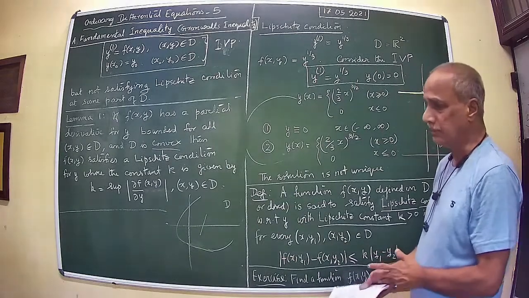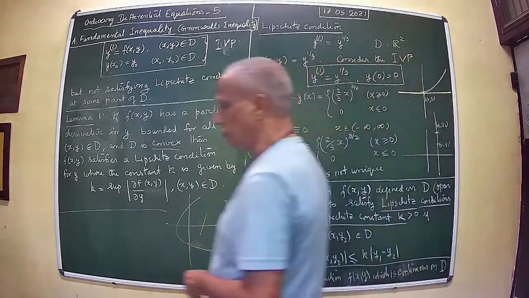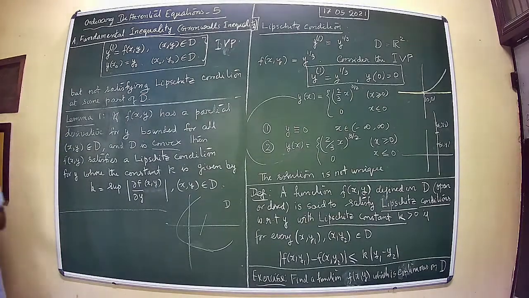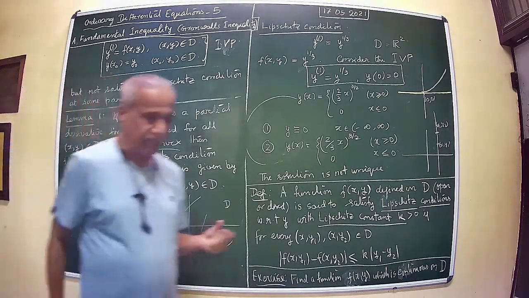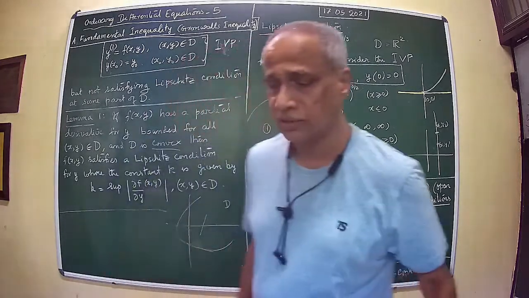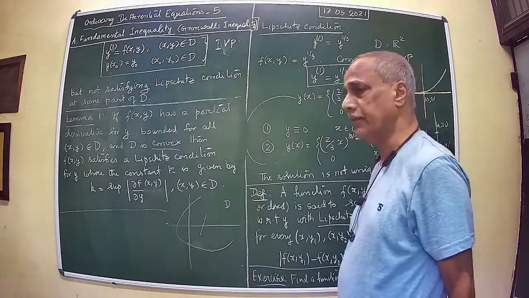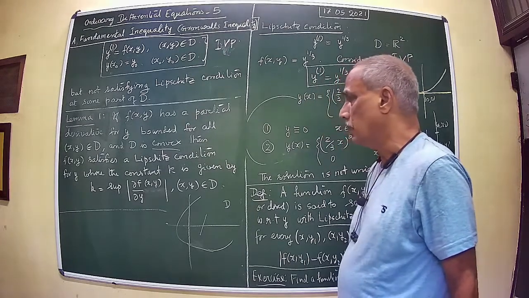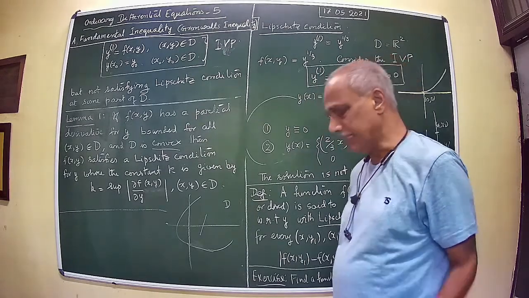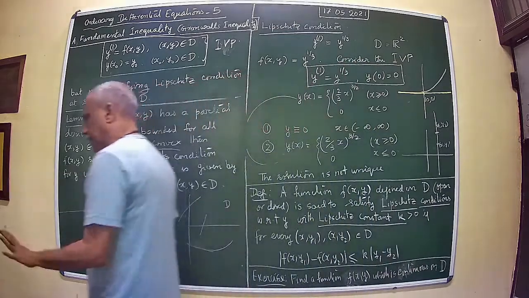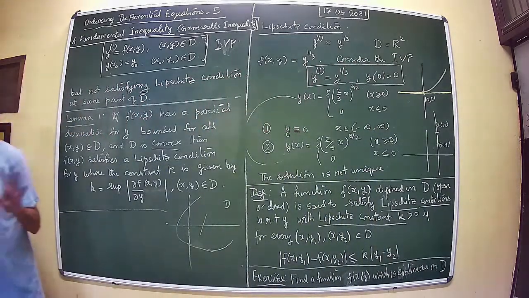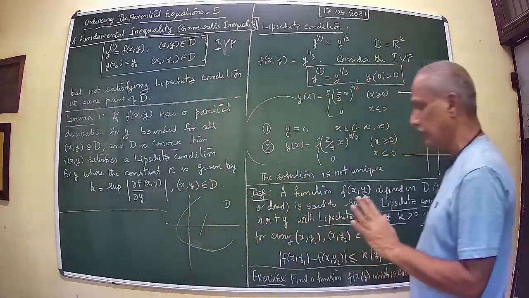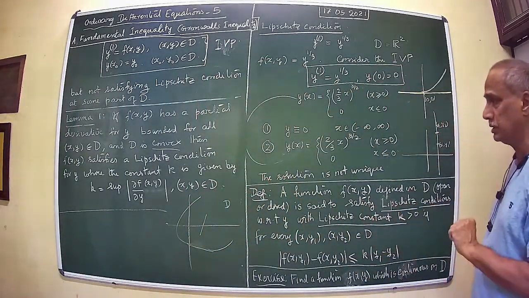Therefore, this is a very useful lemma, because by taking the partial derivative with respect to y and examining whether it's a bounded function or not, you can easily decide whether the function is Lipschitz or not. Now I think I will give a local version at the moment, and this is something that you can use often.